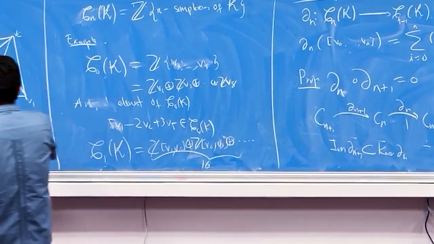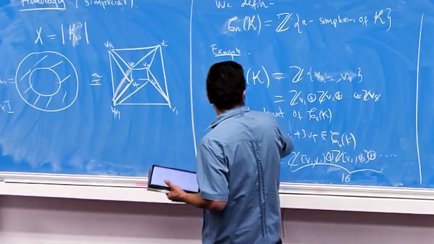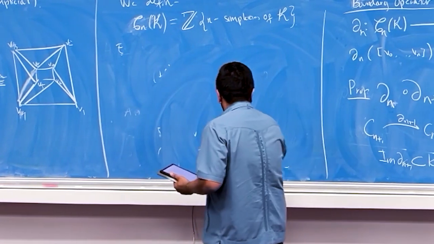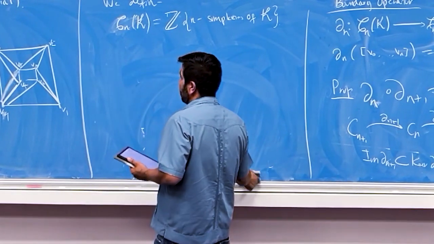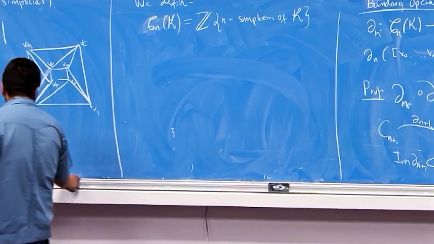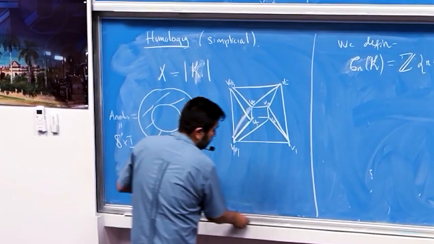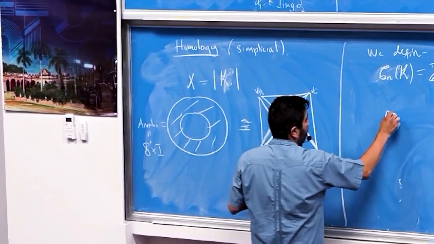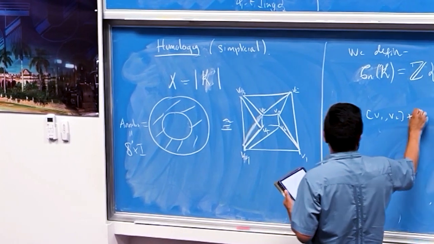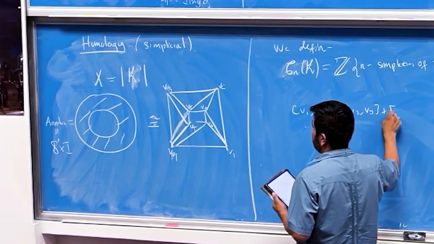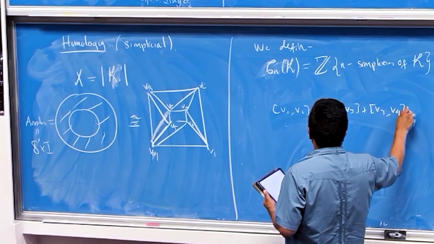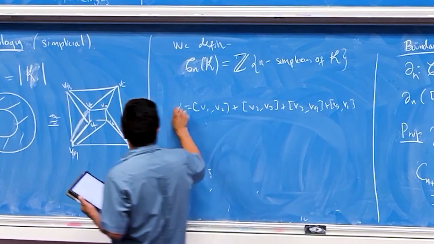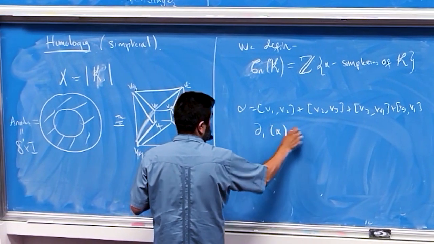If we compute the homology in this particular case, we notice that we have more cycles here than in the other example. For example, we have this curve: B1B2 plus B2B3 plus B3B4 plus B4B1. This one is a cycle because the boundary of alpha is 0 again.